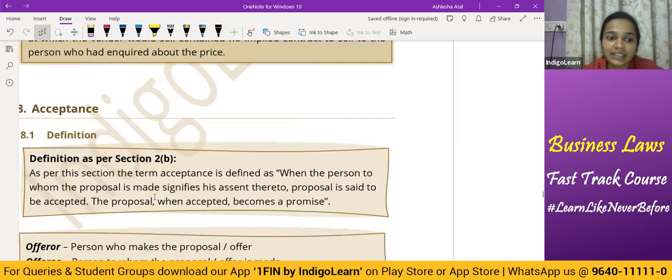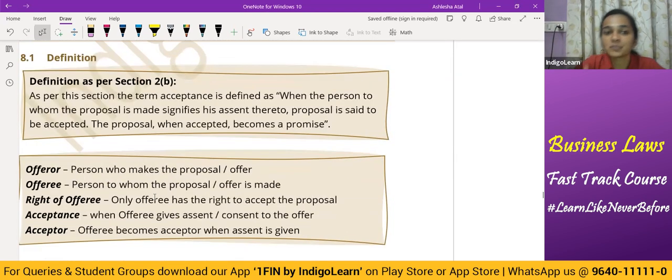Simplify it again. When the person to whom the offer is made gives his assent to the offer, the proposal is said to be accepted, and the proposal, when accepted, becomes a promise. So what is acceptance? Giving an assent to the proposal amounts to acceptance.